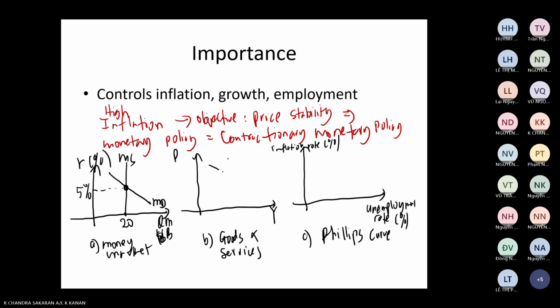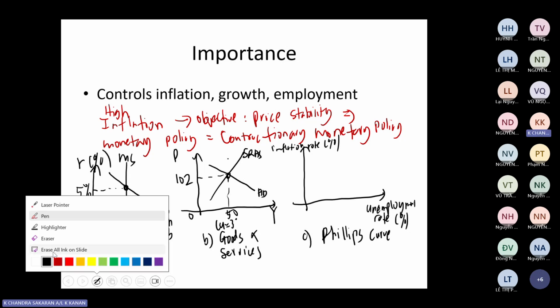Aggregate demand and aggregate supply. Short run aggregate supply. So you have price index 102. Let's say production 50, unemployment, let's say 3%.